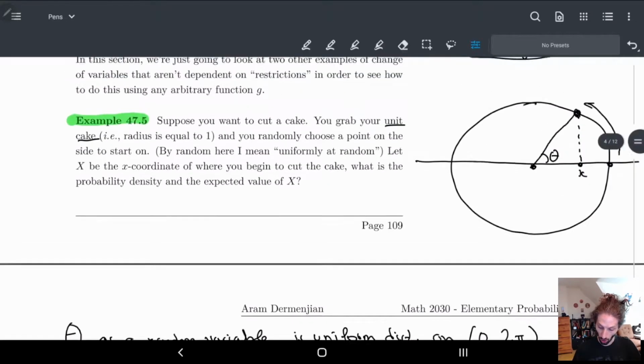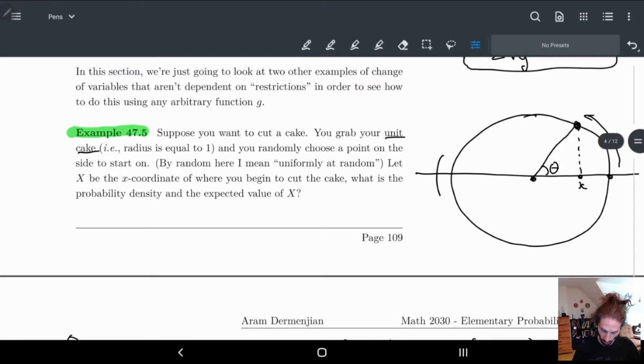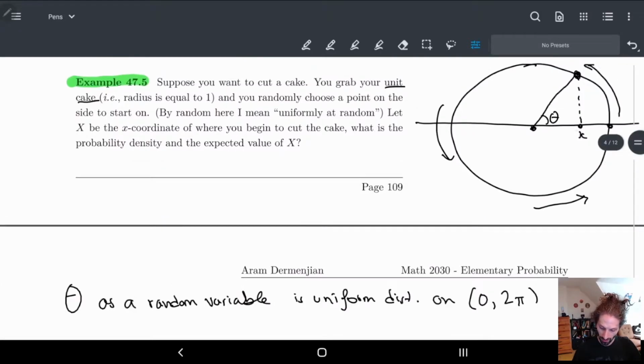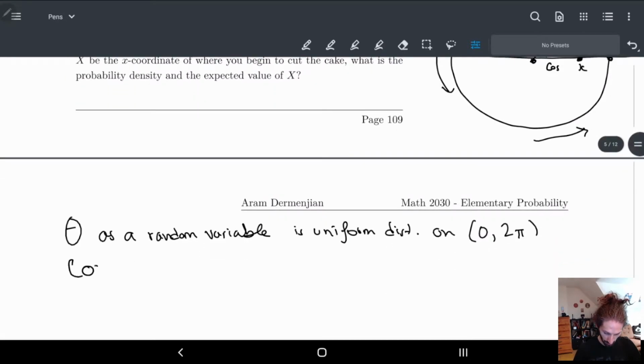Because I can go all the way around. It doesn't matter, I can go all the way around. And if I look at x here, how is x related? So if you think of SOHCAHTOA, this is cosine here on the bottom. So what we have is cosine of x is equal to theta.